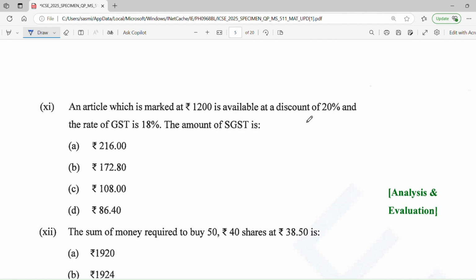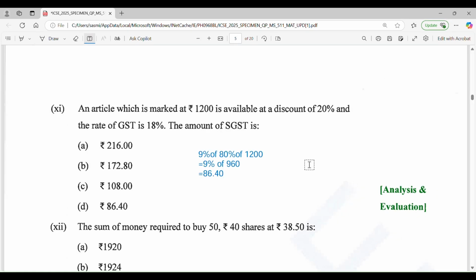Discount 20% means your SP is 80% of 1200, and GST is 18%. GST is 18% means SGST is 9%.